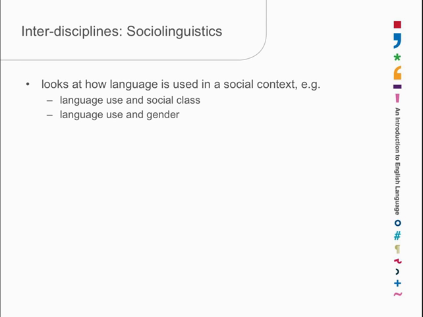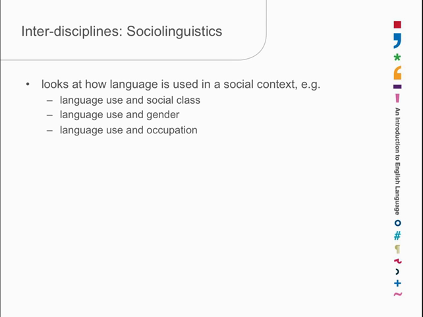There are clearly in most societies occupations, and occupations of one sort or another can be seen in the way in which language is used. If you enter a doctor's surgery and the nurse asks you to come in, the first thing that she'll say is "next" or something like that. She might call your name, and then the doctor might say, well, how are you today? What can I help you with?